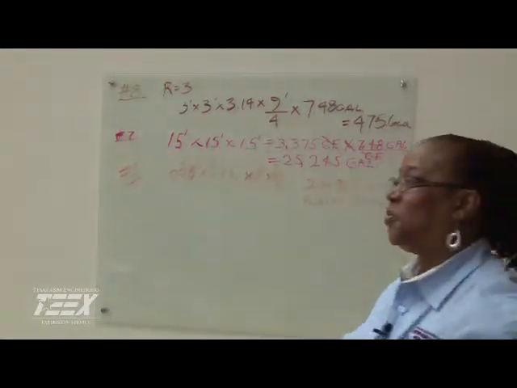The radius squared times pi times 7.48 gallons, times the depth, absolutely. So the final volume in gallons, 213,146 gallons. Okay. Questions on that one?